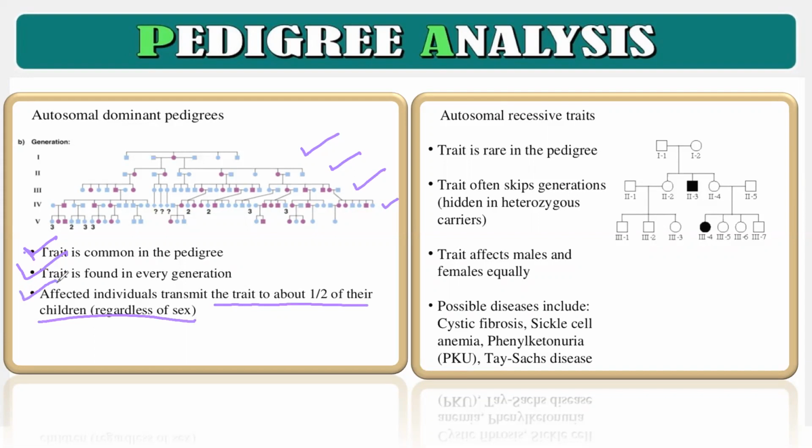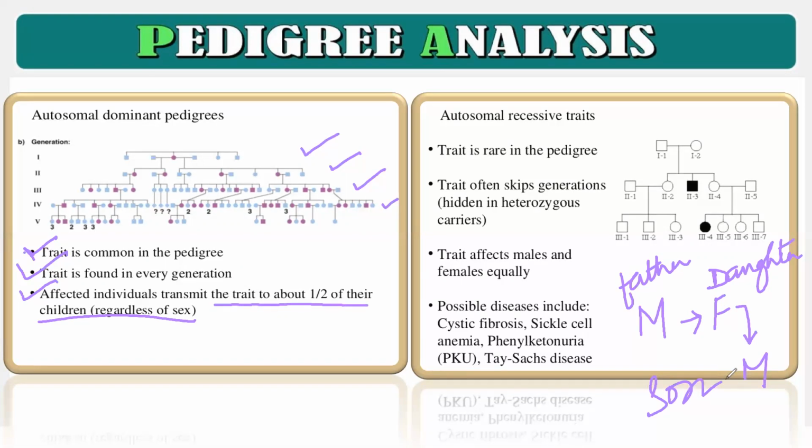In sex-linked, we have learned that the father, that is male, will transfer to his daughter, female. Then the female will transfer again to the male, that is the son.